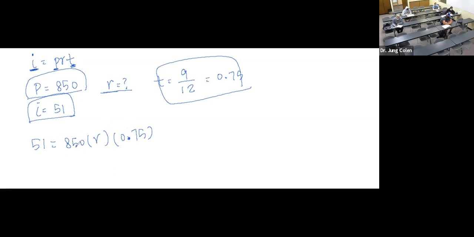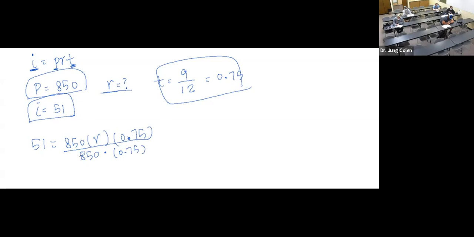Here we can use the commutative property, 850 times 0.75, or directly divide everything by 850 and divide it by 0.75. You can do either way, right? So which way do you want to do? You want to divide everything by 850? Okay, let's do that. So divide everything by 850 and then we can divide everything by 0.75.